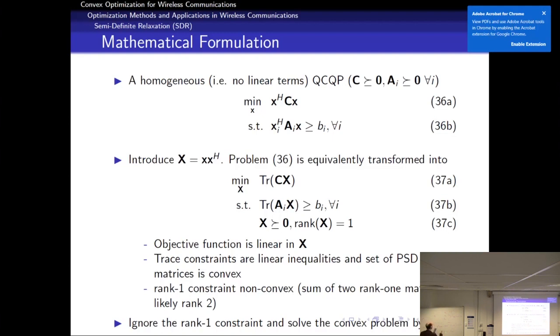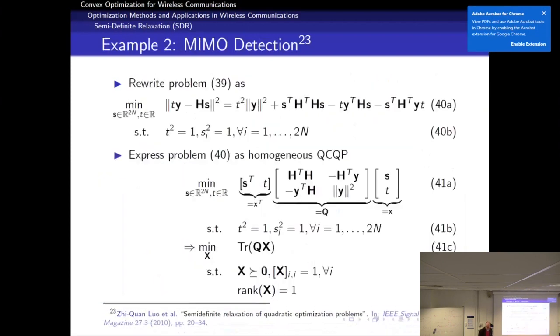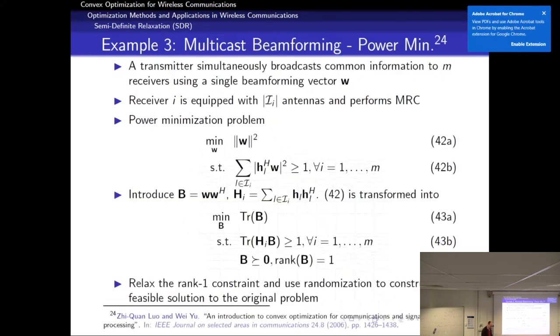The multicast is when you transmit one message that is intended for all of those users. I talk and you all listen, but you all want a quality of service that is higher than a certain threshold, right? This is what you do, for instance, when the BBC broadcasts information over a 5G network. They transmit BBC news, but this news has to be encoded at a rate such that it's decodable by all of you, right?